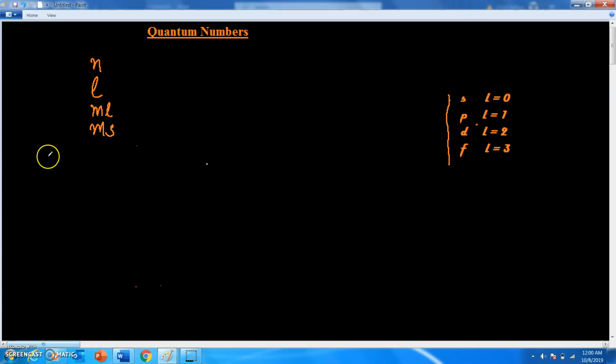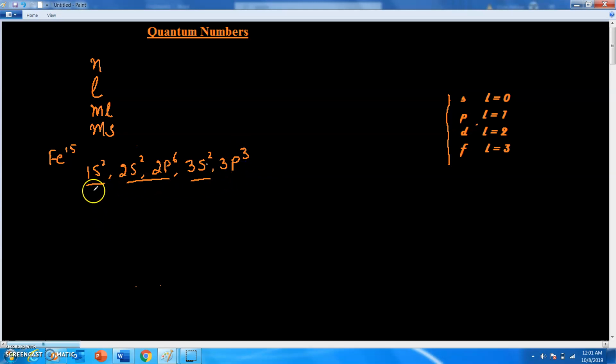Suppose we take the example of Fe. Atomic number of Fe, iron, is 15. Its electronic configuration is 1s2, 2s2, 2p6, 3s2, 3p, that count it, 2, 8, 10, 12 and 3 more.